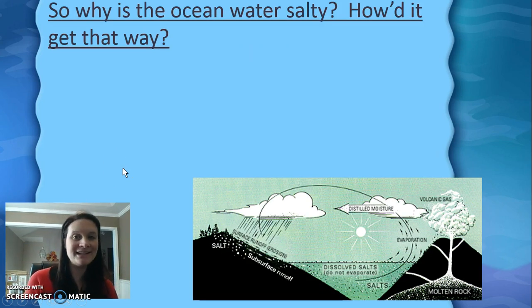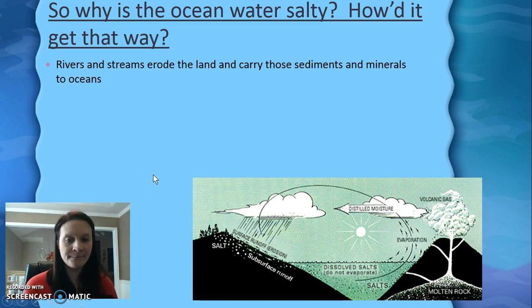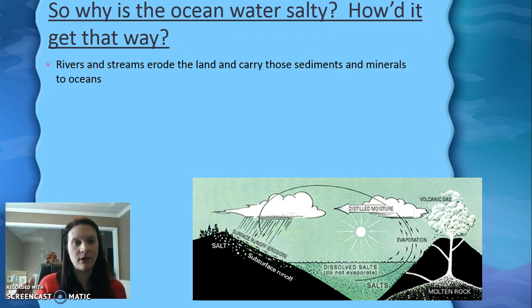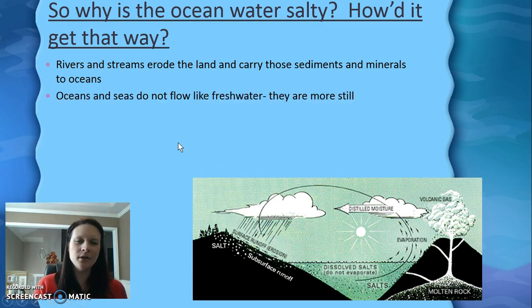Okay, so how did it get salty? Well, it all starts with rivers and streams. Rivers and streams are flowing down and eroding, cutting that land away over time and carrying all that sediment with precious minerals to the oceans. And once it gets to the oceans or to the seas, they really stop flowing.